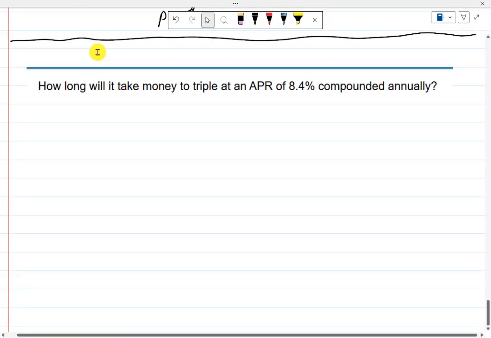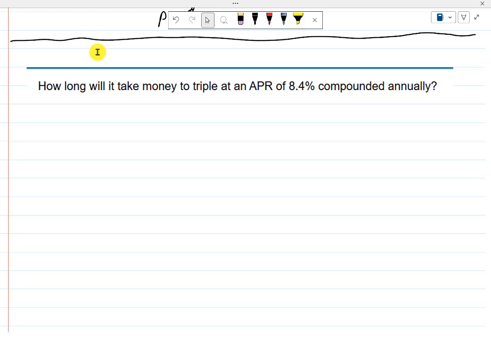This problem here stumps a lot of students because it doesn't tell you how much money is initially invested in order for it to triple. But we do know we put in an amount of P. So what we need to solve is this. How long will it take?